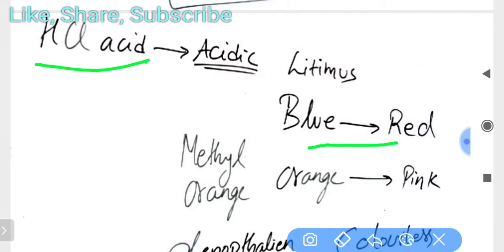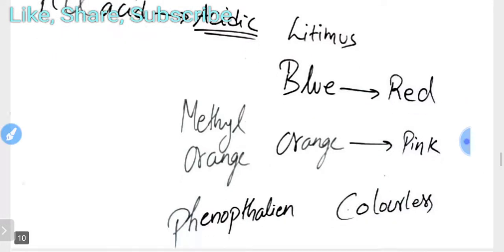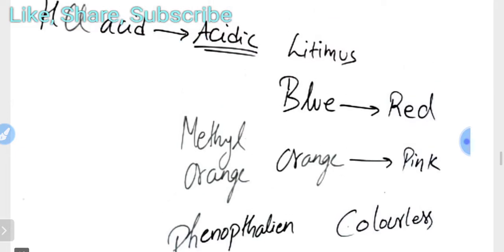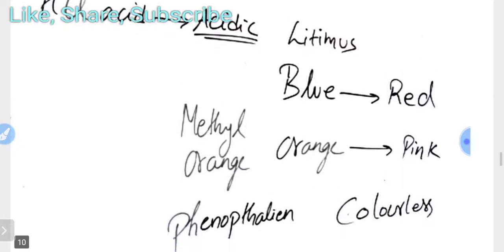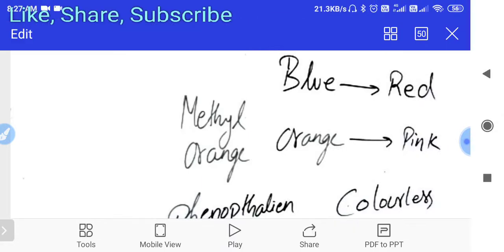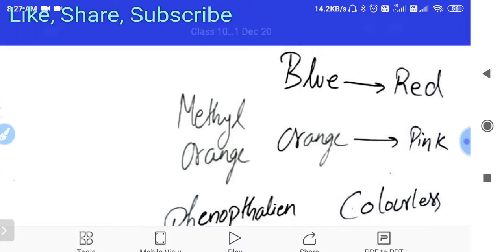Second, it turns methyl orange pink, and third, phenolphthalein is colorless in HCl. These are the characteristics of an acid with litmus paper, methyl orange, and phenolphthalein.